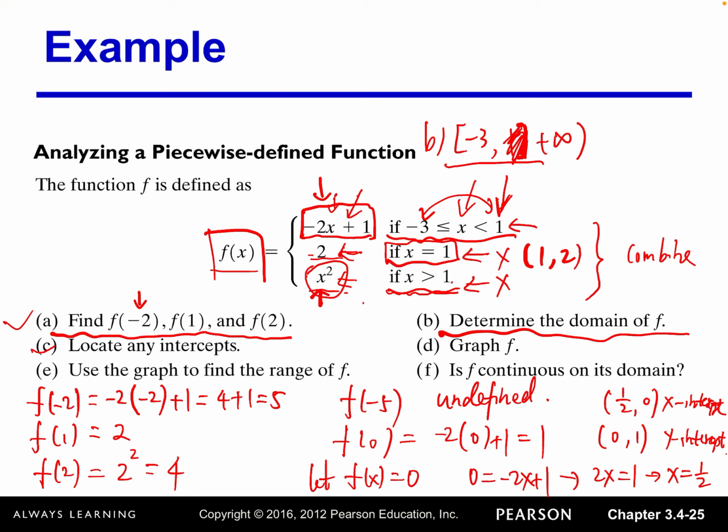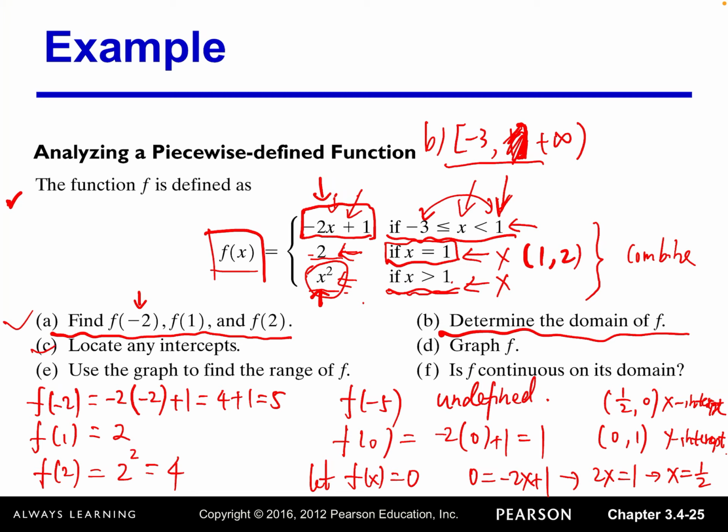And then the D part, we want to graph the function. I need a little bit more space. All right, I'm going to graph over here. First, we have to graph each function individually.